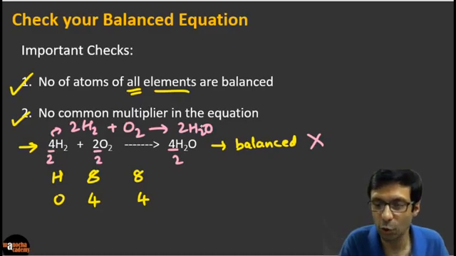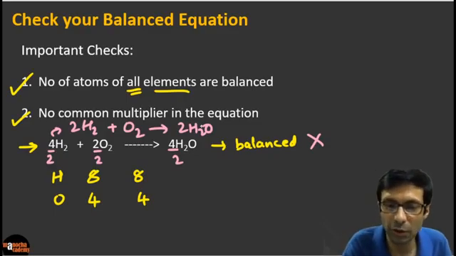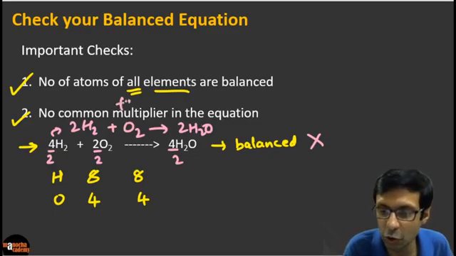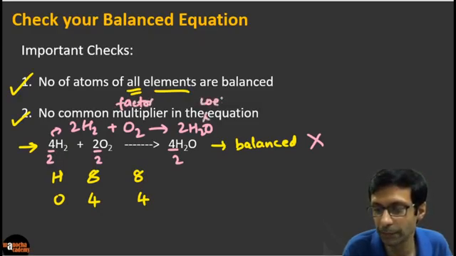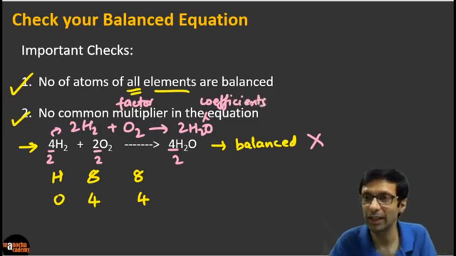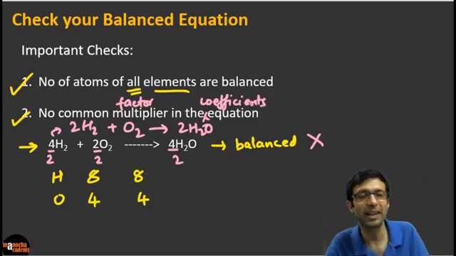Here we divided by 2, so there's no common factor left. Another way to say no common multiplier is that there should be no common factor in the coefficients of the equation. So check that, because sometimes this is a common mistake in the exam.